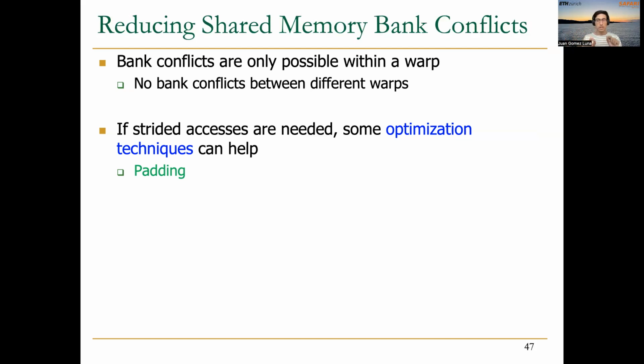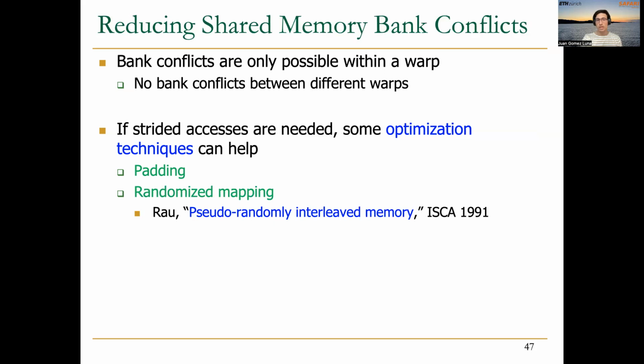So what that means is that thread 0 accessing element 0 accesses bank 0, and thread 1, which needs to access element 32, is no longer accessing bank 0 but bank 1, because this element 32 is in address 33. That's padding. It's pretty simple, as you see, and very useful in many different workloads.